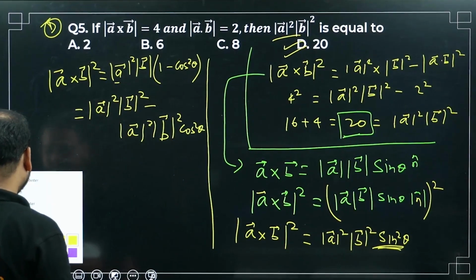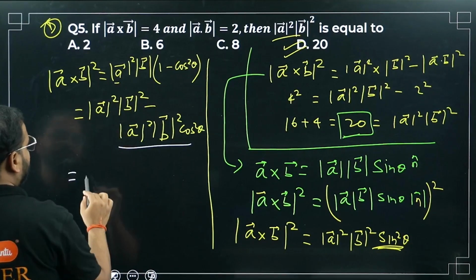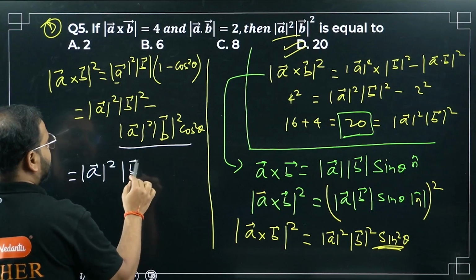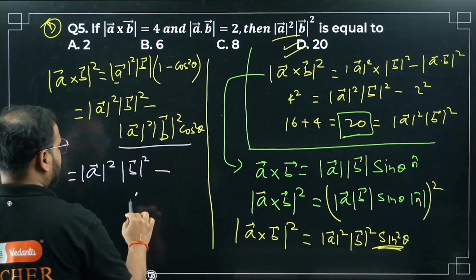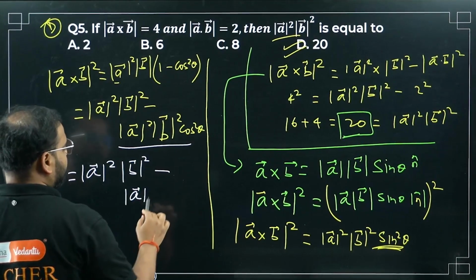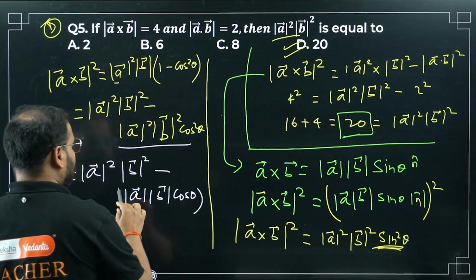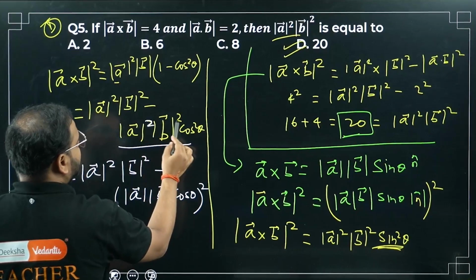Now I can rewrite this second statement again. Please check. This will be as it is: vector A mod square, vector B mod square, minus sine. I can write this as vector A mod, vector B mod, and cos theta, the whole square, because this is whole square over here. Square, square, and cos square.